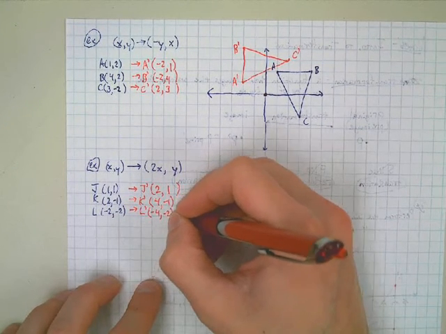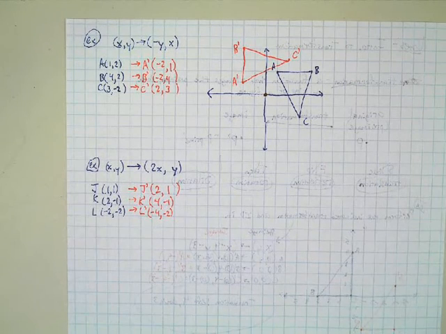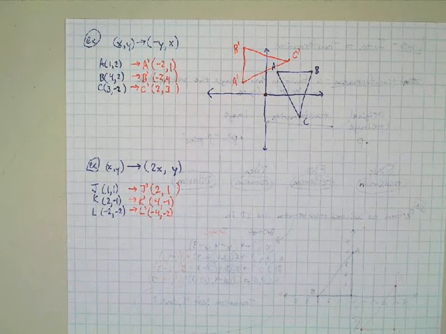The y stays the same. K prime's x-coordinate will be 2 times 2, 4, and the y-coordinate stays the same. And then L prime's new x-coordinate, negative 2 times 2, so negative 4, and the y-coordinate, negative 2.